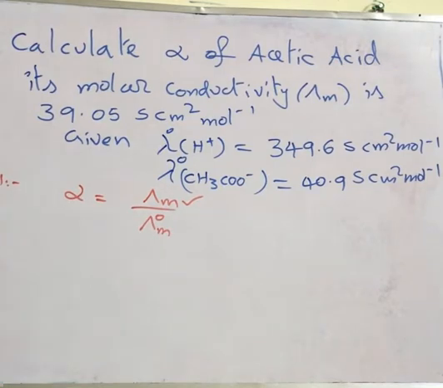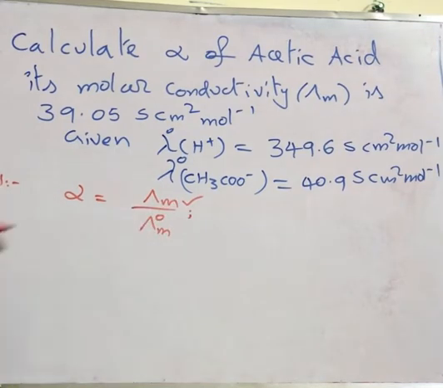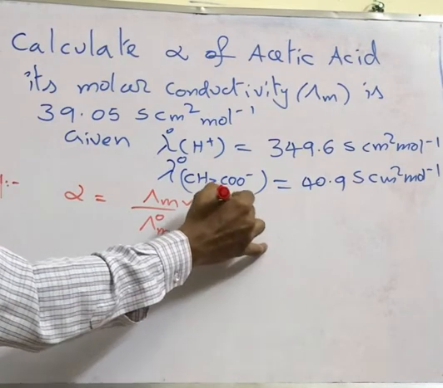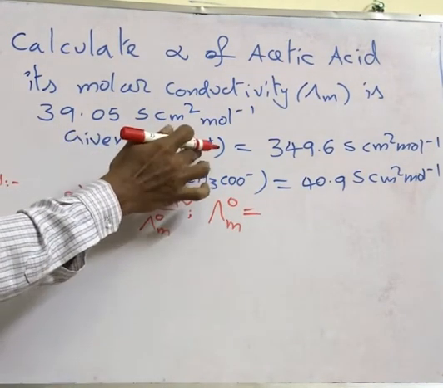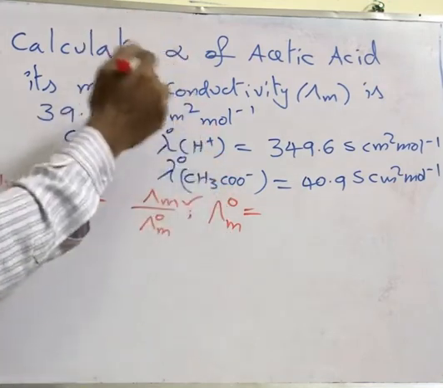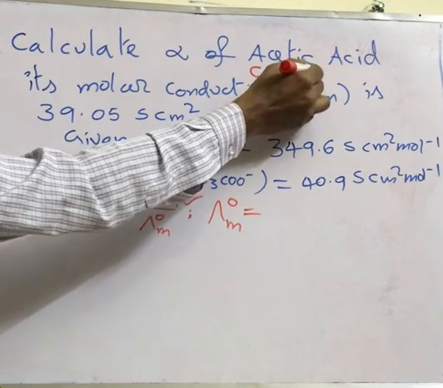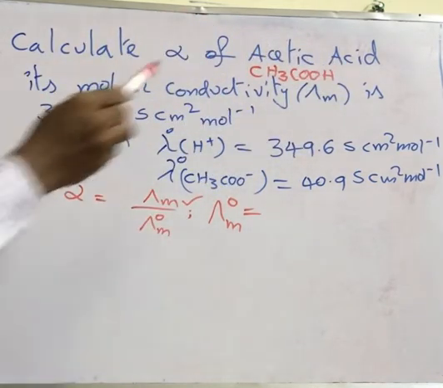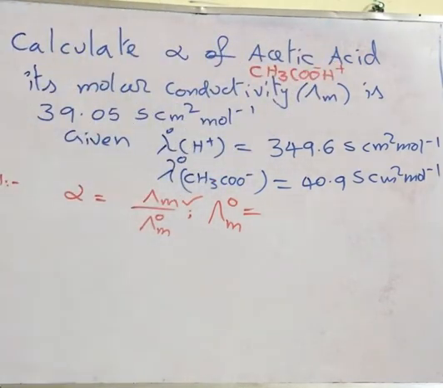As per Kohlrausch's law, the molar conductivity at infinite dilution, lambda m O, is the combination of the molar conductivities of both ions. Acetic acid is CH3COOH. How does it dissociate? Into CH3COO minus and H plus.